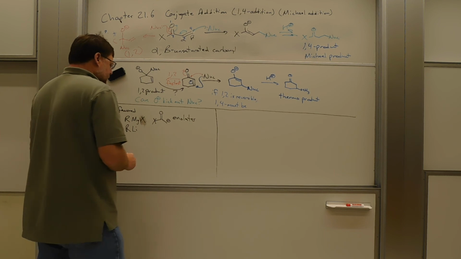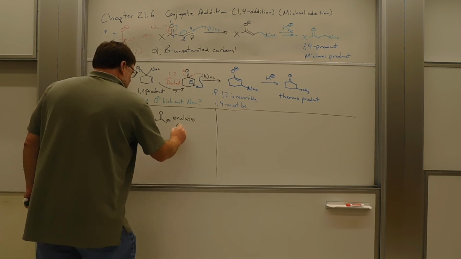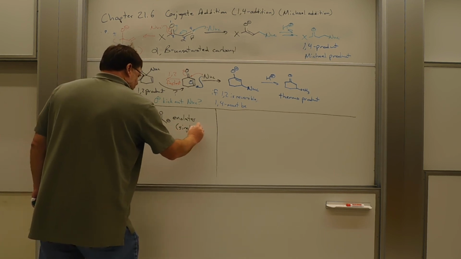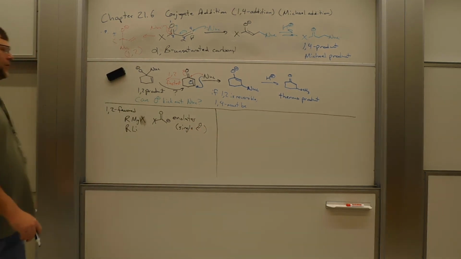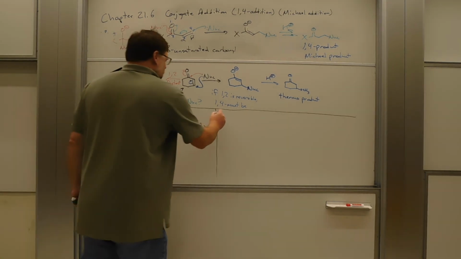Yeah, that's it. Okay, so when you have an unstabilized enolate, right? If you're just doing an aldol reaction, 1,2 is going to be favored over 1,4 addition.